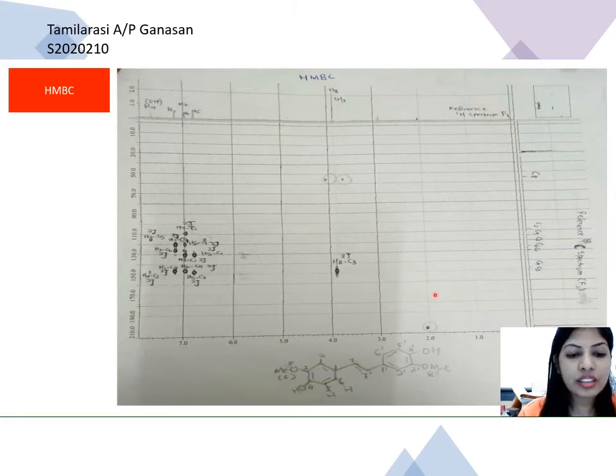In the previous HSQC you were not able to view C4, C3 and C1, but here it is complete. I already labelled all of these. This one is the proton axis, this one is the carbon axis. This is H4, H2, H7, H6, H5, this is H8, this is C8, this is solvent, and this is C2, C5, C7, C6, C1, C4 and C3.